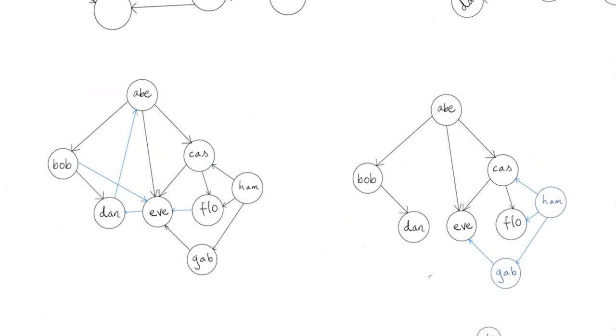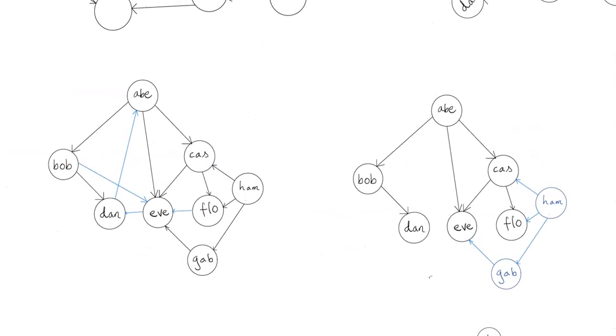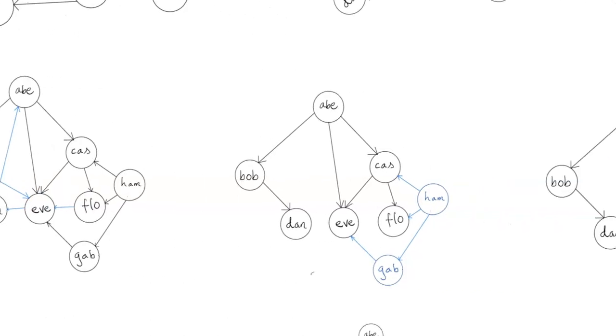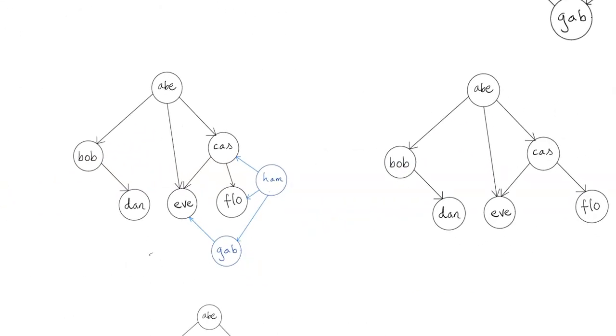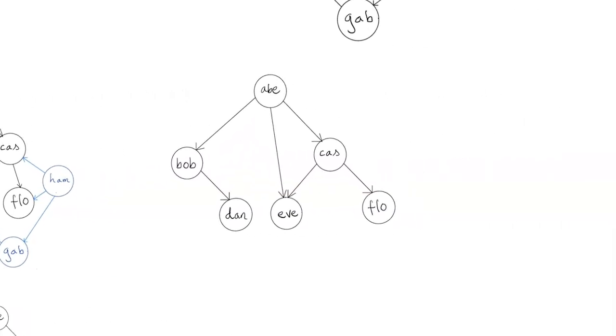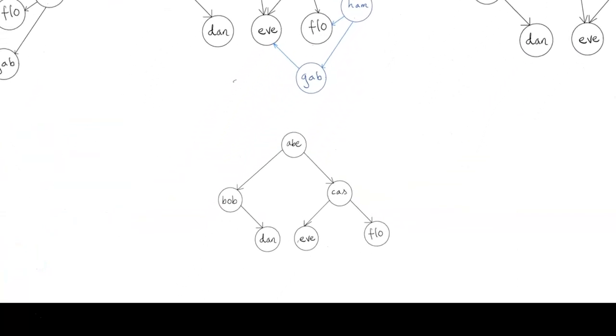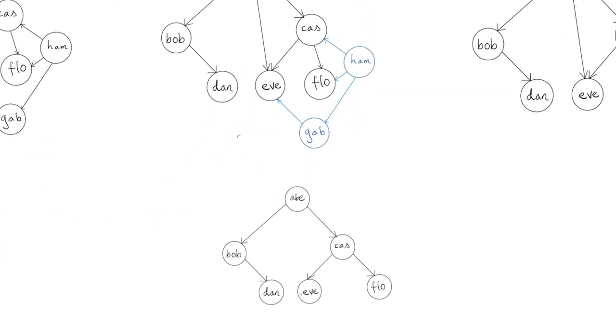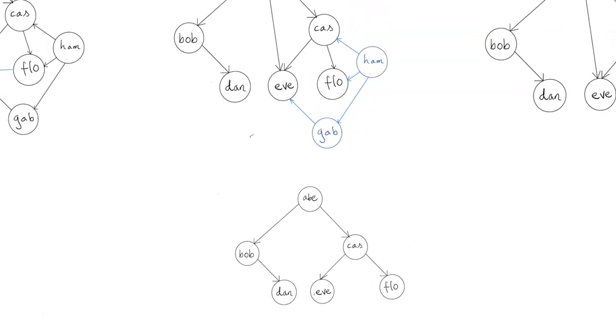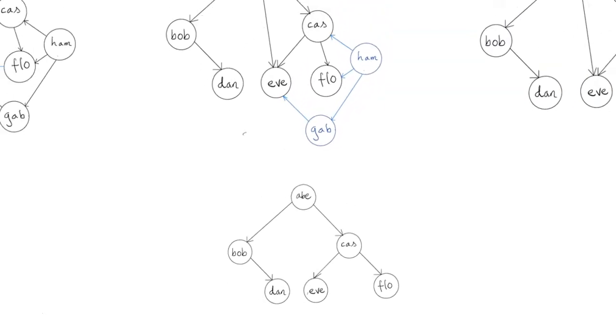Then we are going to remove some of these edges to get the graph to be simpler, and we are going to remove some nodes as well and some additional edges, and finally this is what we are going to work with.